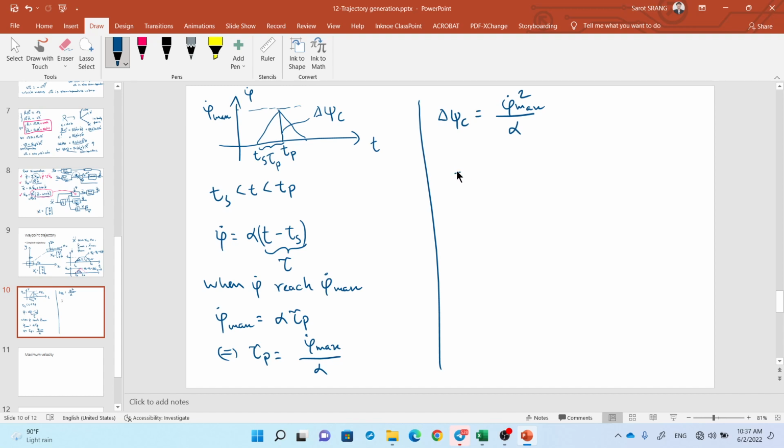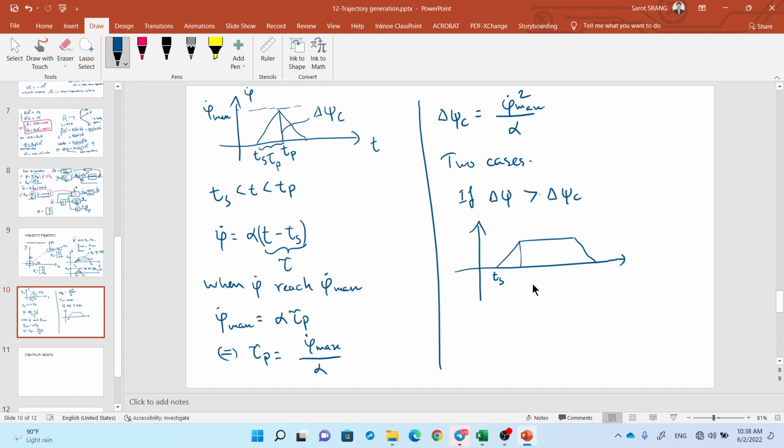So two cases. If the actual delta psi is greater than delta psi c, then we have this case: Ts, t at the end of acceleration, t at the start of deceleration, and te.